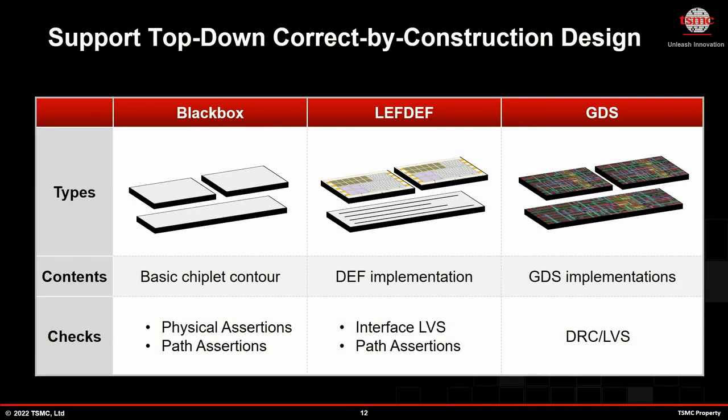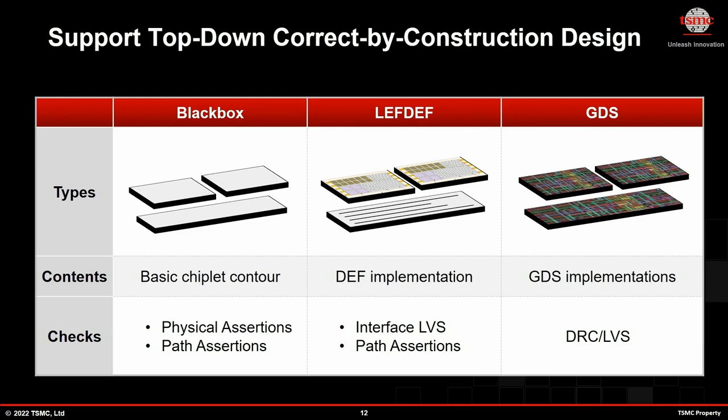Next, let me introduce the key productivity features based on the 3Dblox language, and what we can do with it. First of all, remember we said that we want to design the language with a top-down design methodology, meaning we want the design to be correct by construction. So we built into this language 3 abstraction levels, starting from the black box level, where you only have a basic contour of the chiplet.